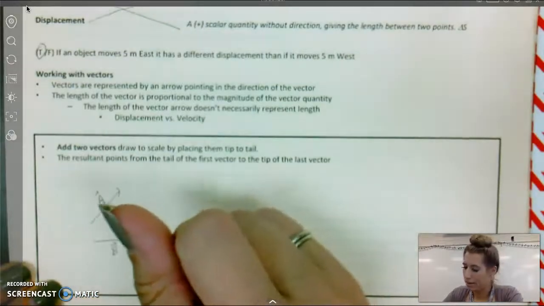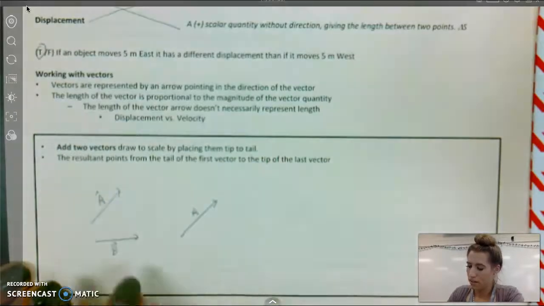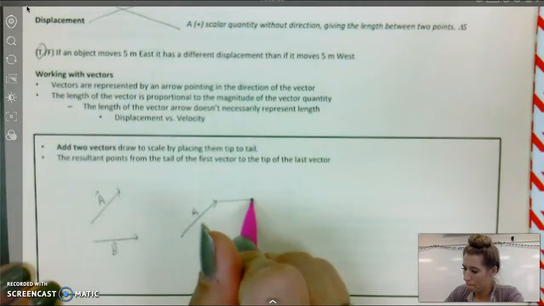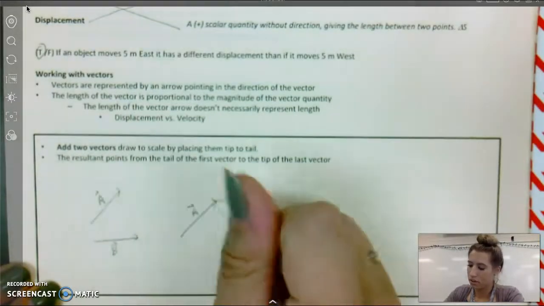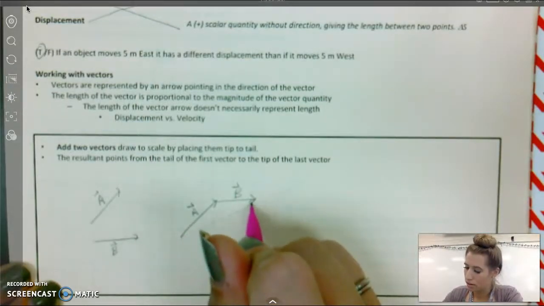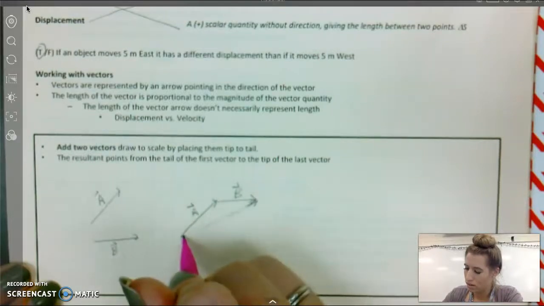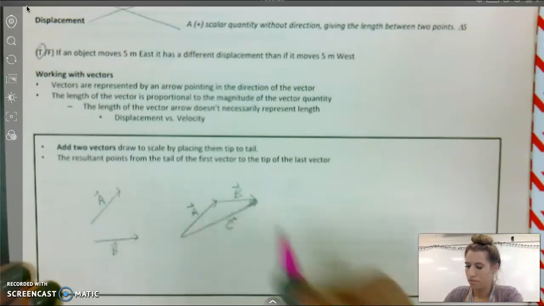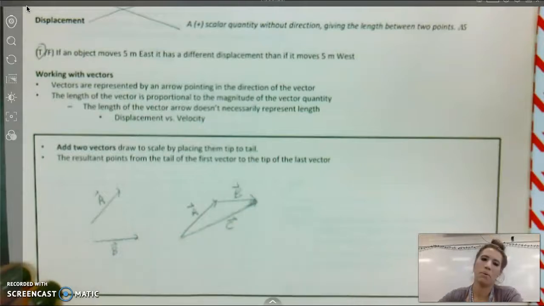So I have my A vector, and I'm going to add my B vector. And that's how you add vector components. And then you can see this resultant here. The combination of those vectors results in, we'll call it, a new vector, a resultant vector C. And you figure that out by drawing it from the tail of one end to the tip of the other vector.